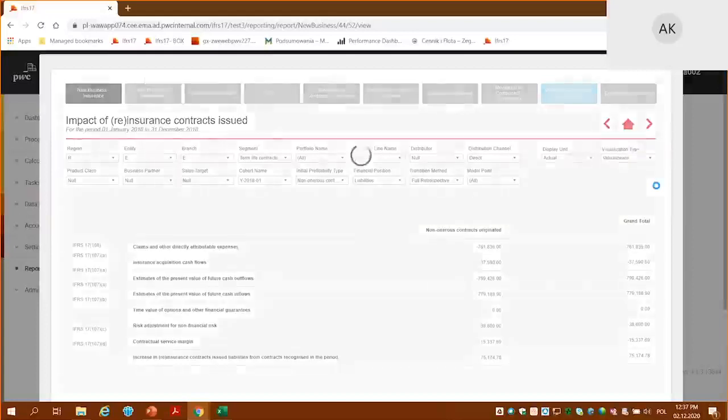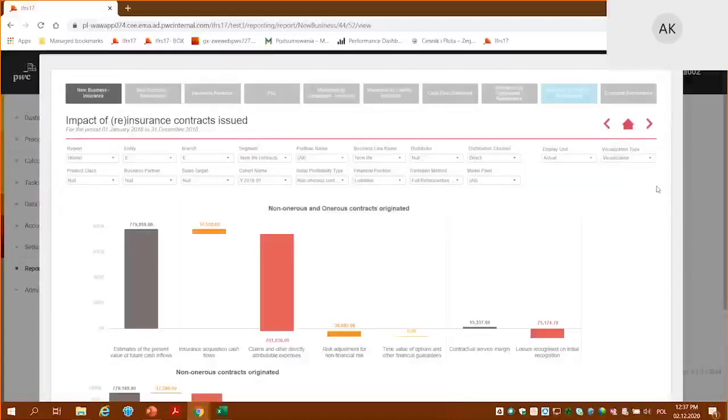So for example, if I look at one of the first, which is a new business initial recognition, I can understand how my CSM has been built as a result between discounted inflow, outflows, plus risk adjustment amortization and acquisition cash flow amortization.